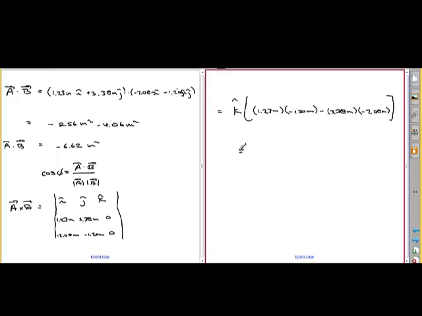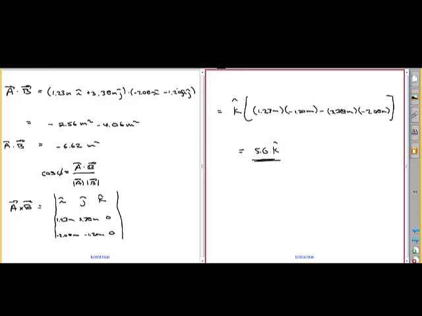And we multiply those out, we get 1.23 times negative 1.2 minus 3.38 times negative 2.08, and we get 5.6 k, which is a vector.